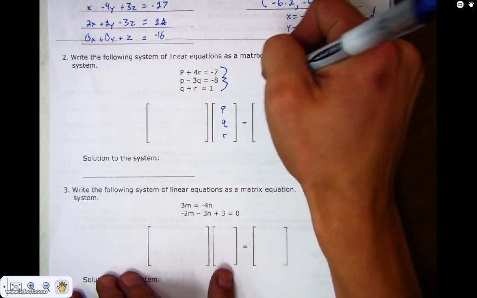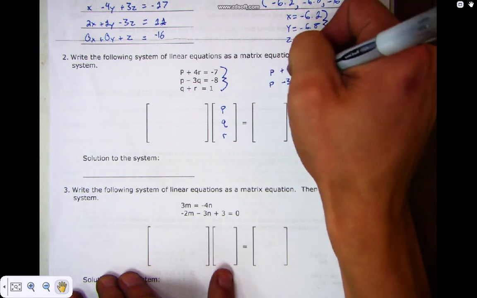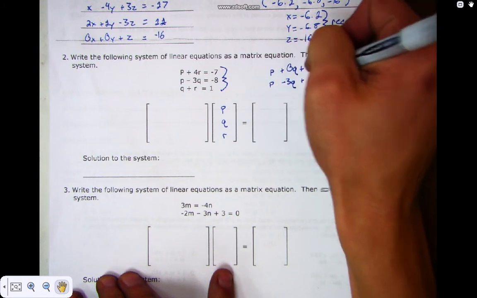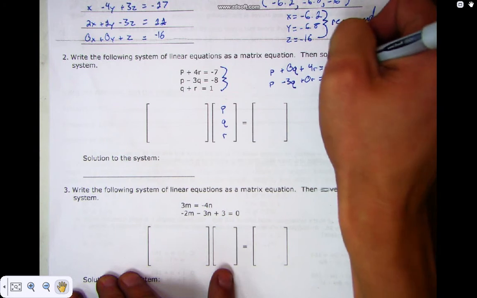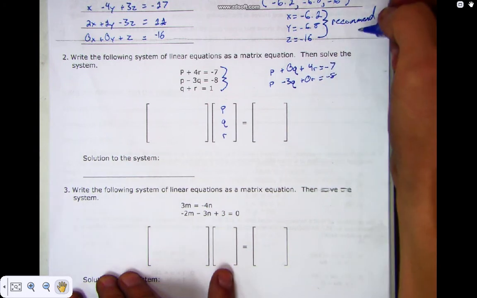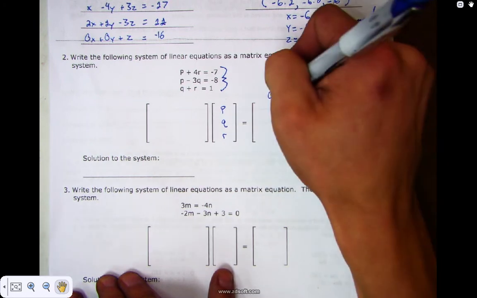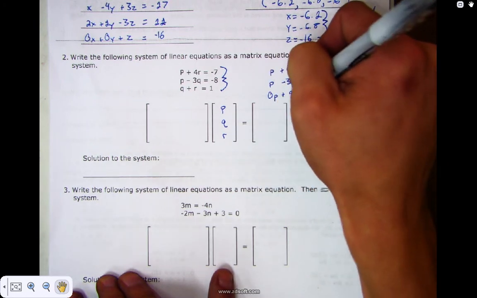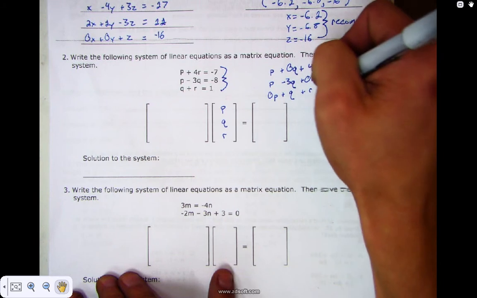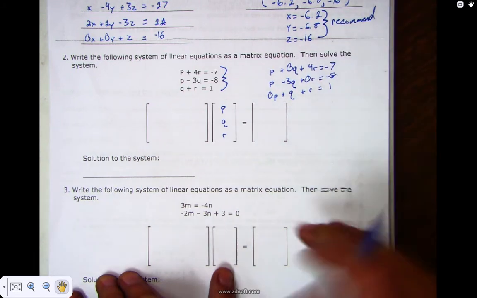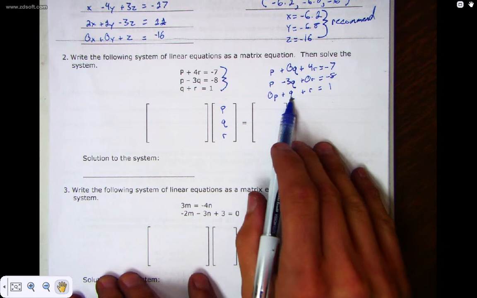We're going to have P minus 3Q plus 0R equals negative 8. Then we're going to have 0 P's plus 1Q plus 1R equals 1. Okay, so now we have our equations. We can write those as matrices.